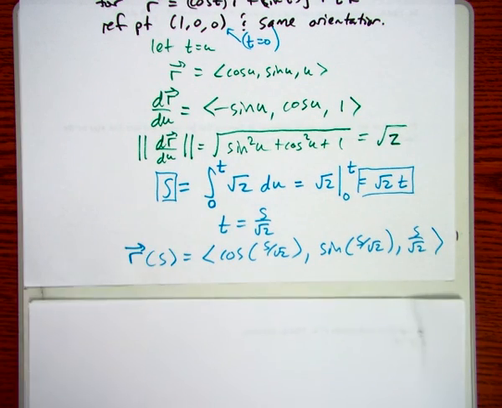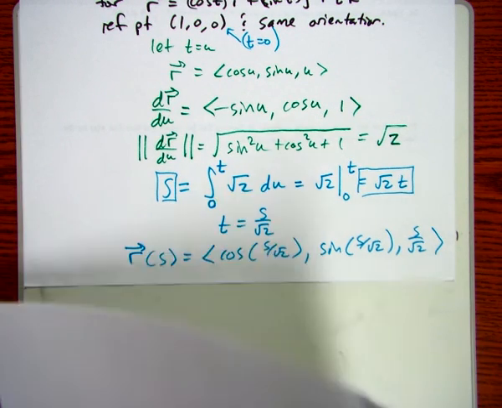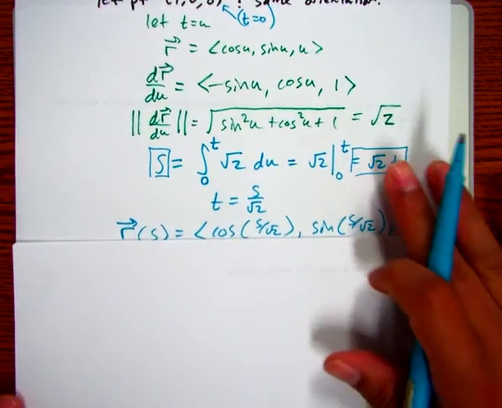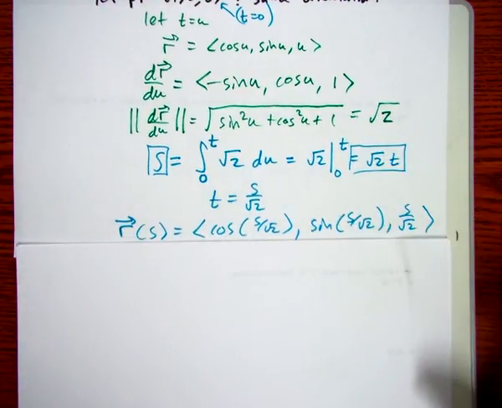Okay, and again, one of the points of changing a function to an arc length parameter is now we can answer questions like this one.